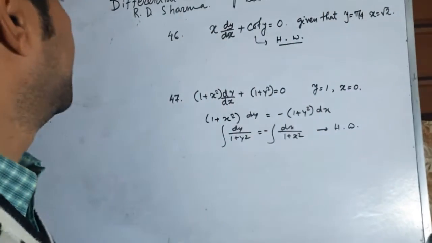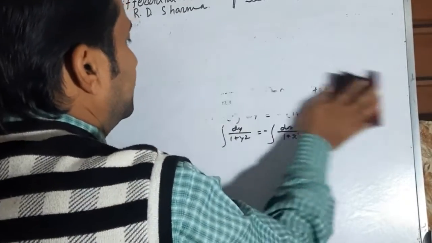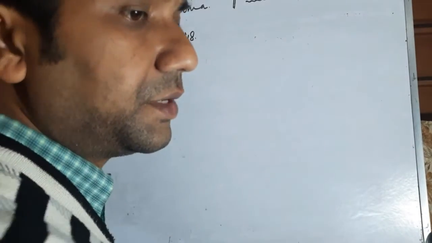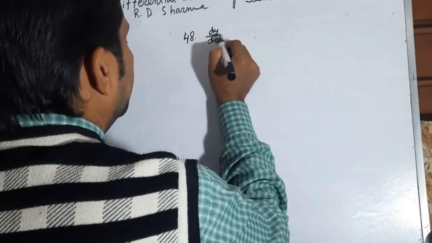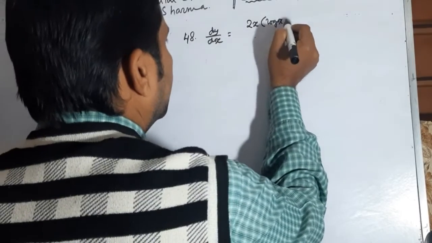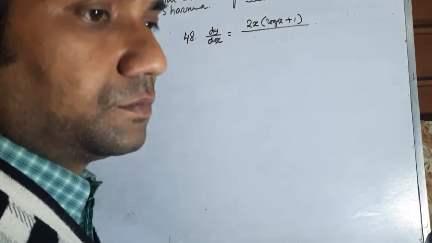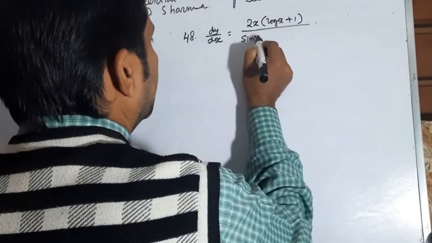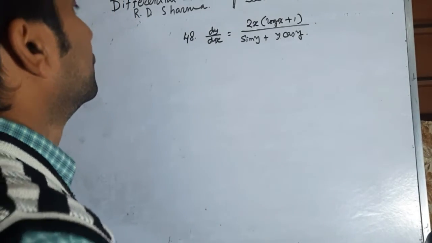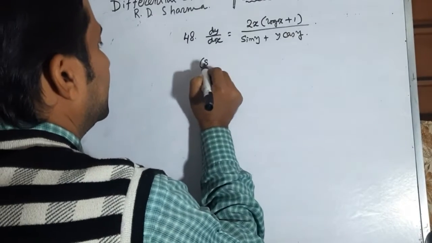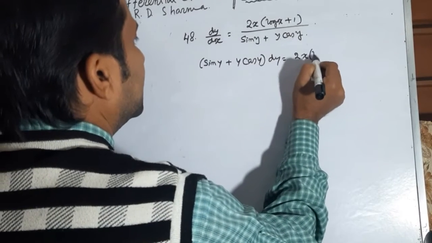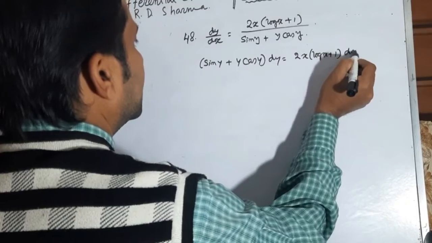Next, 48. Cross multiplying, we get (sin y plus y cos y) dy is equal to 2x (log x plus 1) dx.